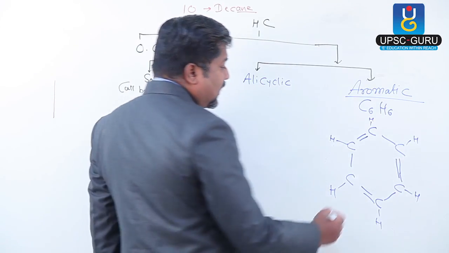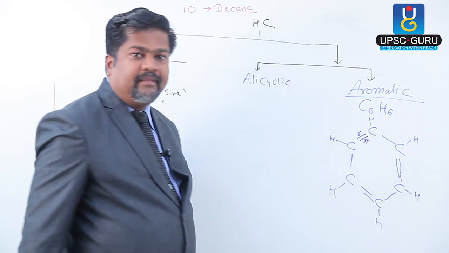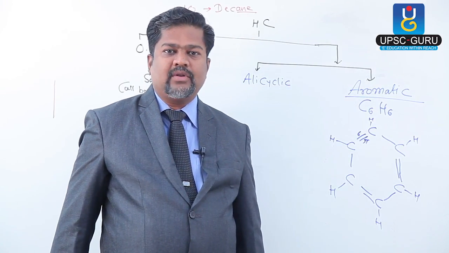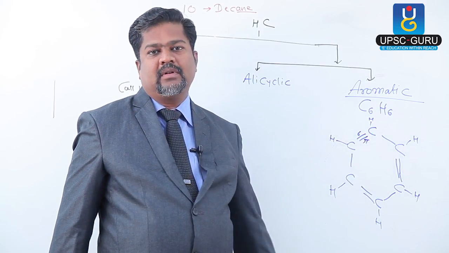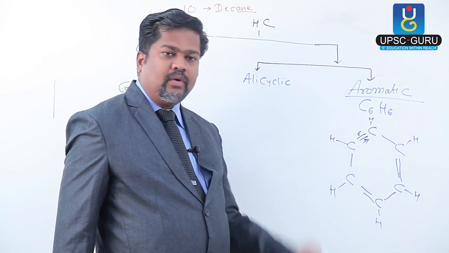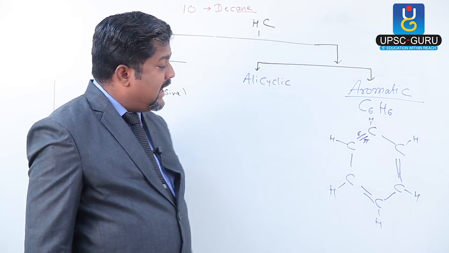You are aware, when double bonds are there, one bond is sigma and another is pi. The pi bond has very low dissociation energy, so it should open out and immediately form an addition compound. Suppose I am adding HCl.